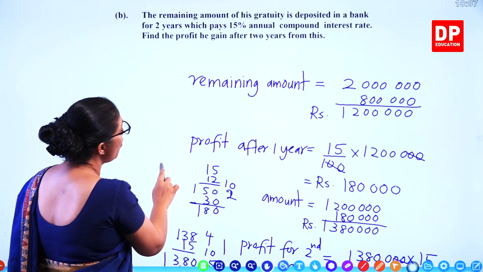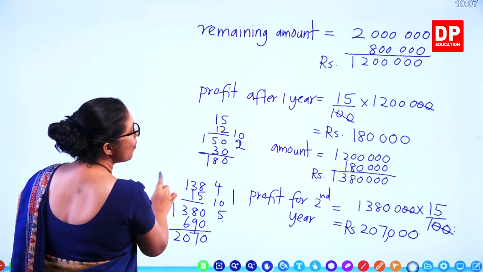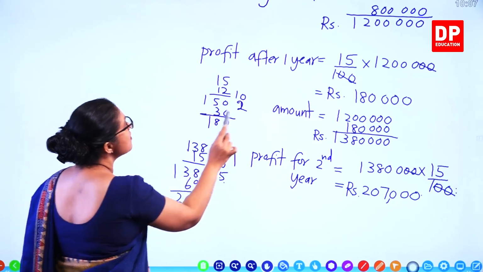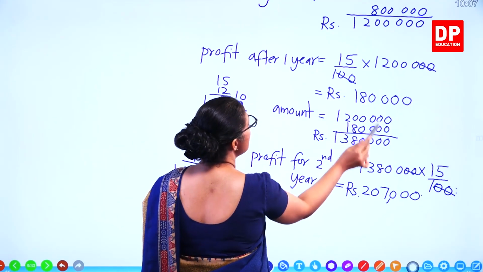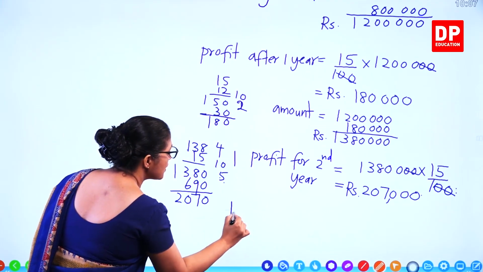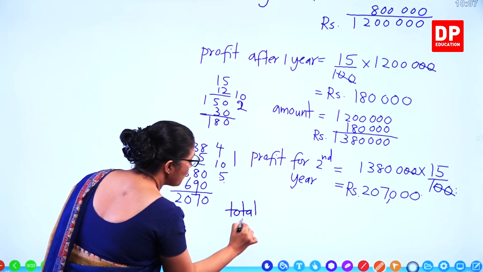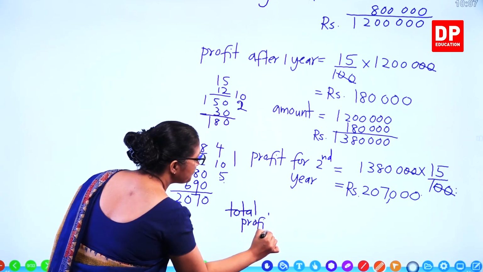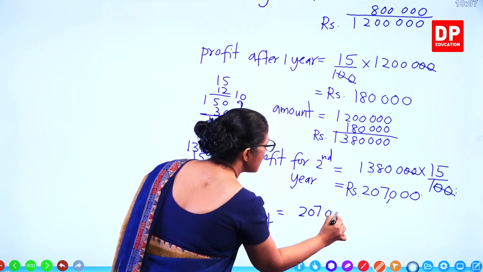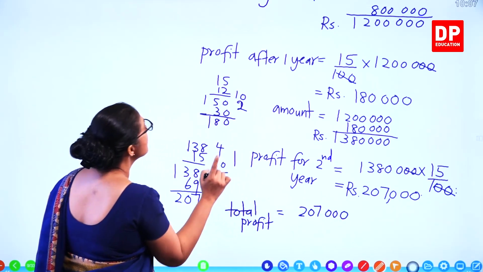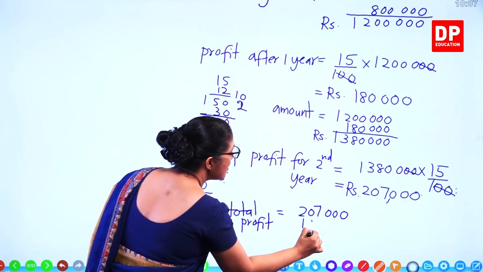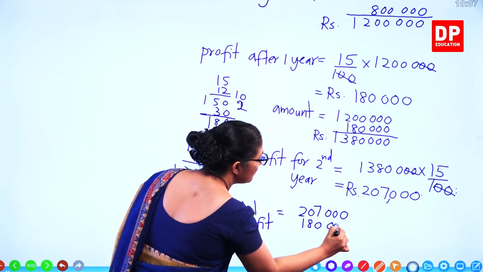So the total profit, we have to add the 2. This is the profit after first year. This is after second year. So we need total profit. Total profit is equal to 207,000 plus the profit after first year, that's 180,000.